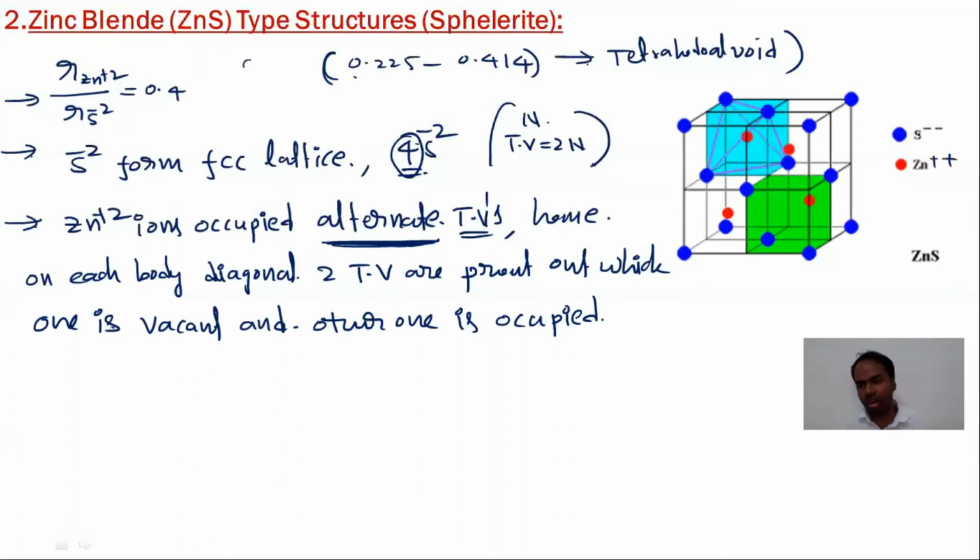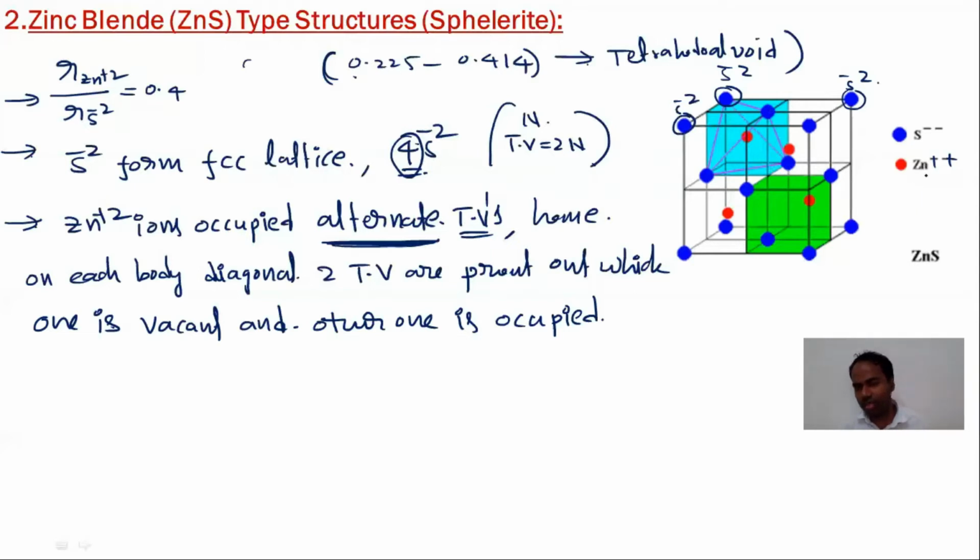Here S-2 forms the FCC lattice. These are S-2. They form the main lattice. FCC lattice means the S-2 ions are present at corners and the center of the faces. These are S-2.